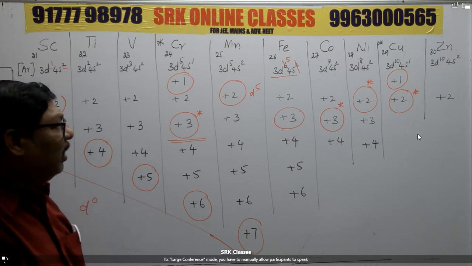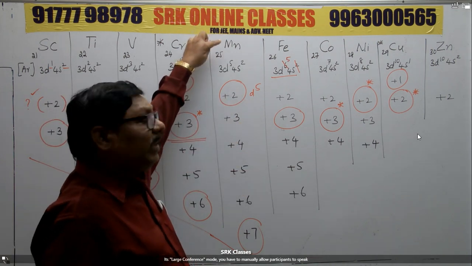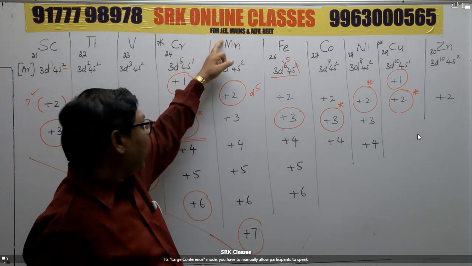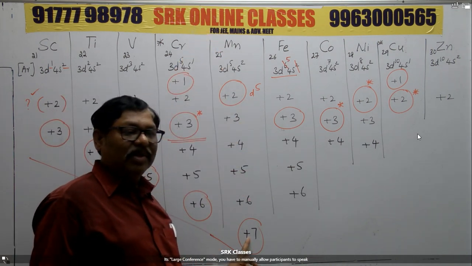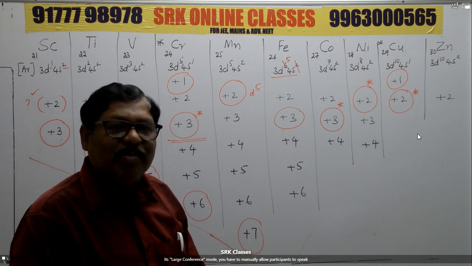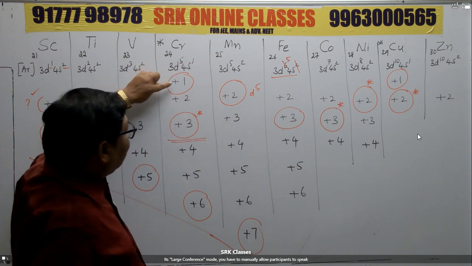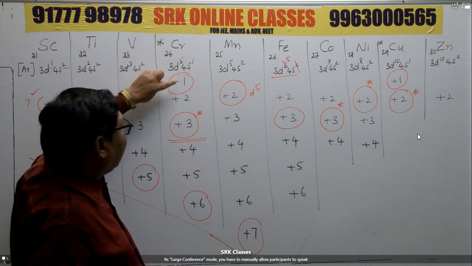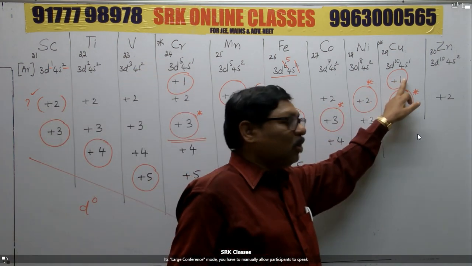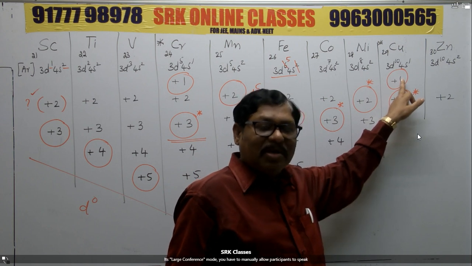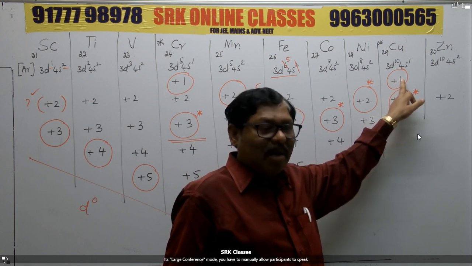Third important one, maximum oxidation state in 3d series elements is manganese, that is plus 7. Minimum oxidation states are observed for chromium and copper, because of anomalous electronic configuration, that is plus 1. Here also plus 1 is there. There is a normal oxidation state of chromium and copper.